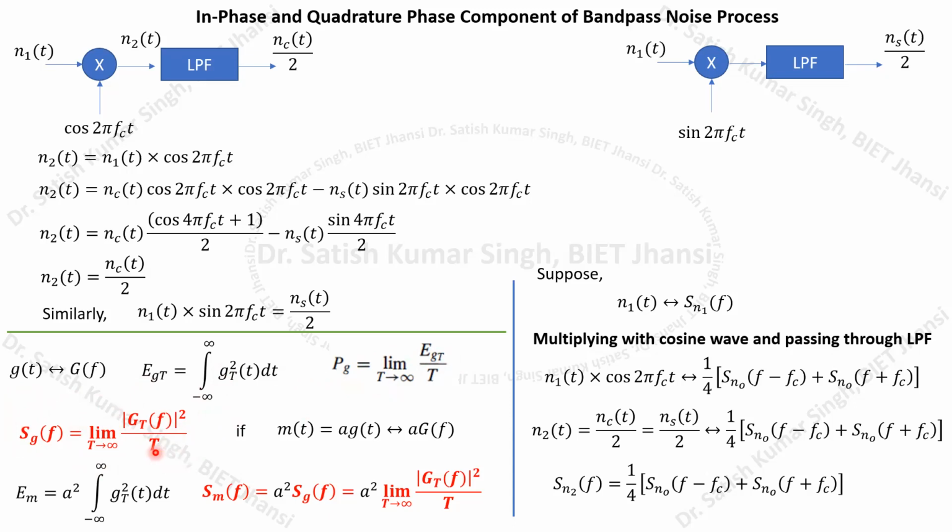Now one thing that we have to understand: suppose we generate another signal m(t), which is a scaled version of your g(t). We are performing an amplitude scaling. Let us suppose m(t) is obtained by multiplying g(t) by a factor of A, where A is the amplitude scaling factor.